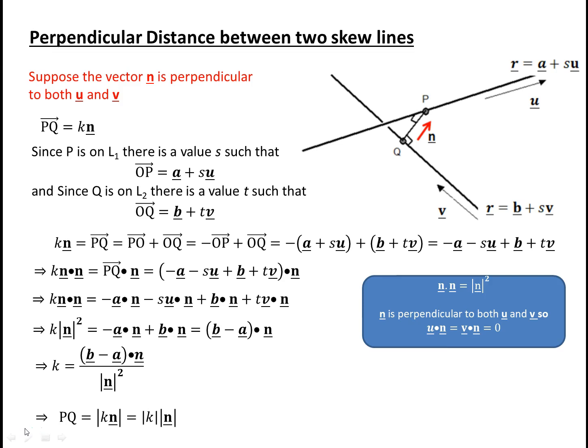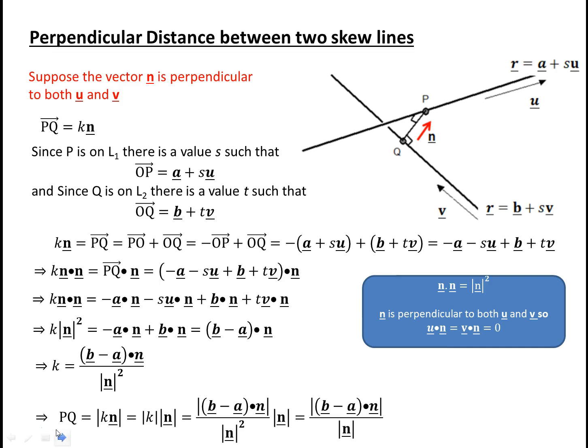So that's the modulus of (B minus A) dot n divided by the length of n squared, that's the value of k, times the length of n. The length of n is going to cancel with the length of n squared on the denominator of our fraction. So we're going to end up with simply the modulus of (B minus A) dot n divided by the length of n.